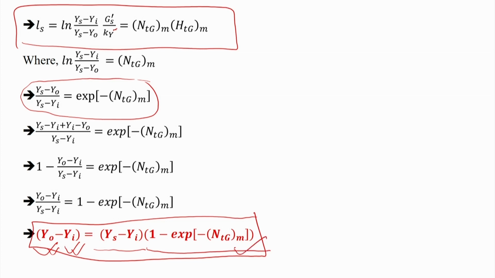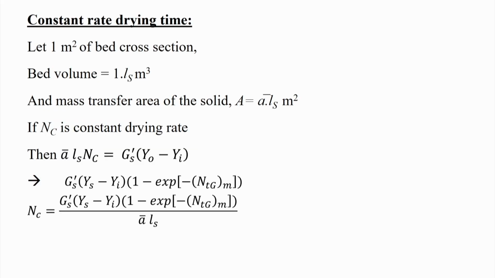So, we are trying to get the relation between the humidity at the entry and exit, the humidity of the solid, and the number of gas phase transfer units. Then, let us consider the constant drying period and falling rate period, these two zones, and from there we will get two drying times.